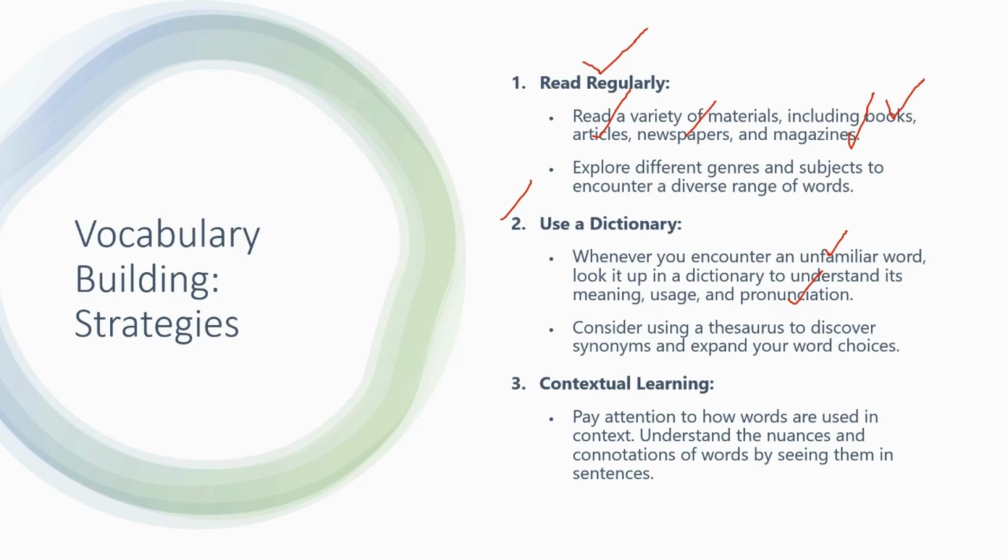One is through communication with natives, and the second is the dictionary. If you encounter a new word and you don't know its meaning, how it is pronounced, what its etymology is, and how it can be used, the best way is to use a dictionary.